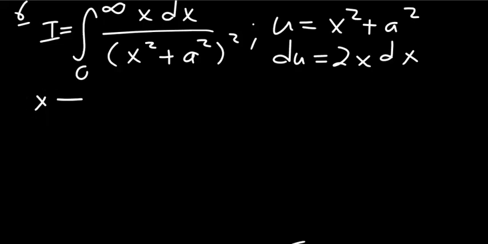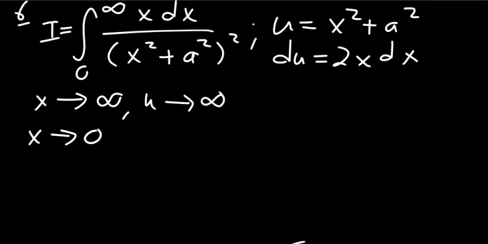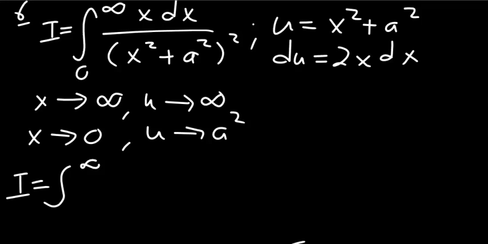When x tends to infinity, then u will also tend to infinity. When x equals 0, then u will be a squared. Putting everything together, the above integral will become infinity for the upper limit, a squared for the lower limit.